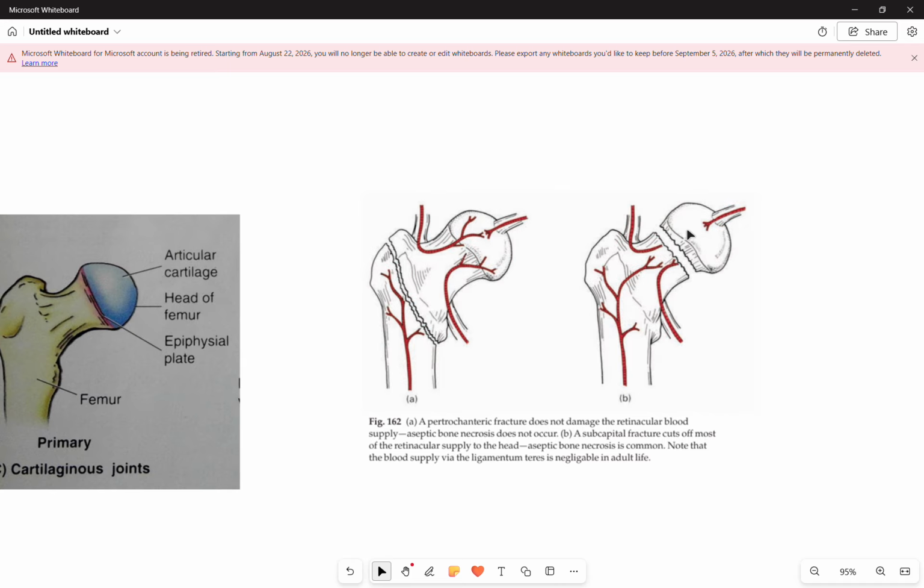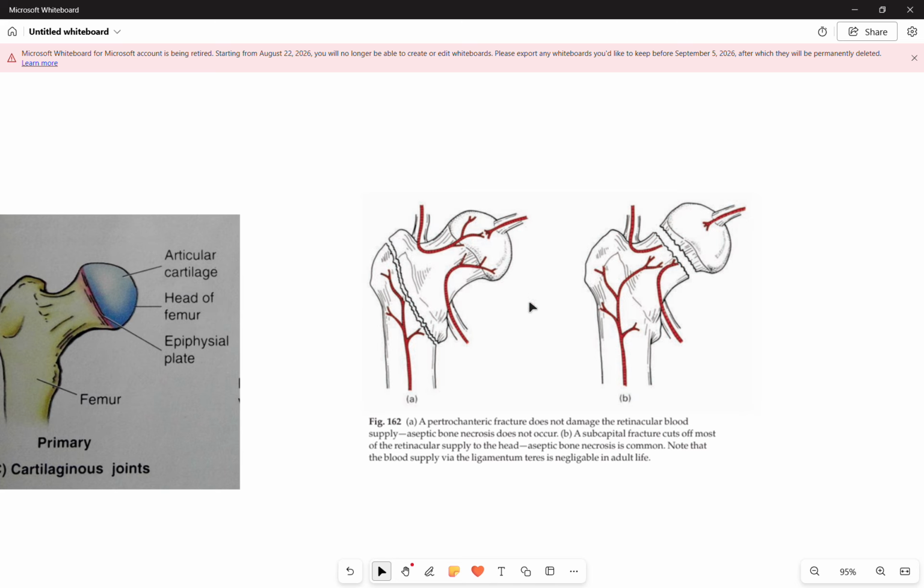So in such a fracture, there is going to be avascular necrosis of the head. But if the fracture occurs over here, intertrochanteric fracture, the blood supply will remain intact. It's coming from the capsule. Only the part coming from the diaphysis is cut off, whereas the blood supply from ligamentum teres and from the capsule is intact. So there is no chance of avascular necrosis here.